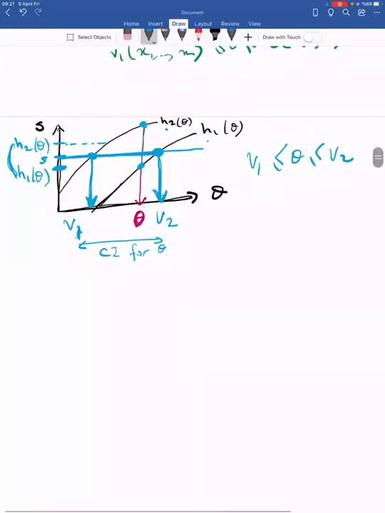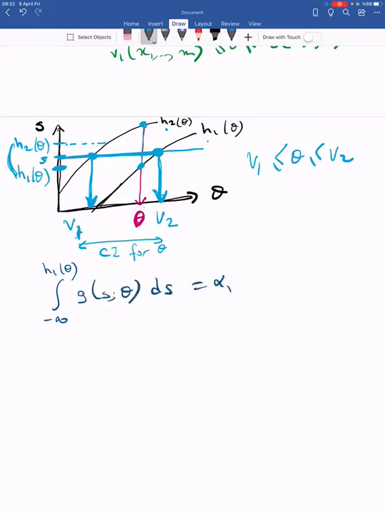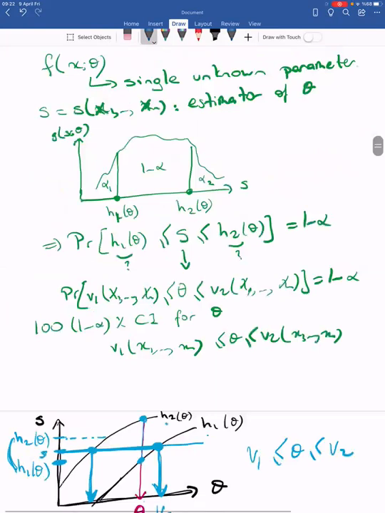If you have the PDF, what we will do is, from minus infinity to h1 theta, take the PDF of S, the sufficient statistic, and equate this to alpha 1, because up to this point, h1 theta, the probability is alpha 1, and until h2 we have a probability of 1 minus alpha 2.